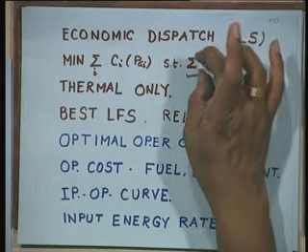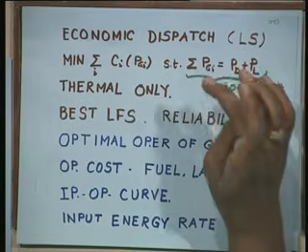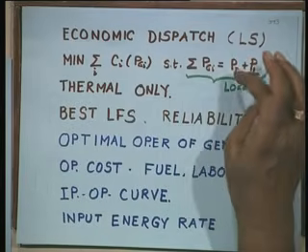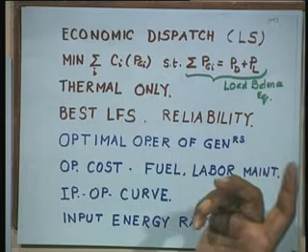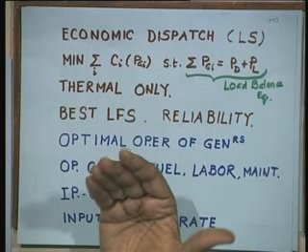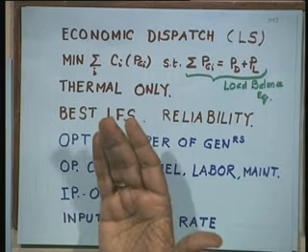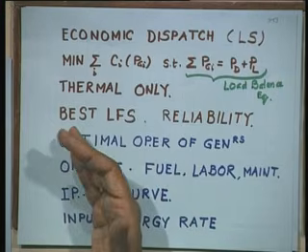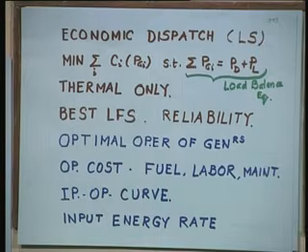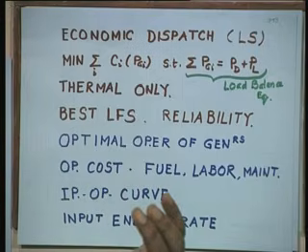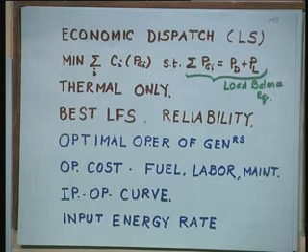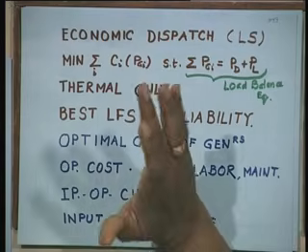The total power generation should be equal to total load plus losses. Losses can also be considered as a load. If you are a BCom, a commerce student or management student, then whatever money is not coming, they say it is miscellaneous expenses. It is a loss to the company. However, it is an expense, because that money is not with you, it is gone.